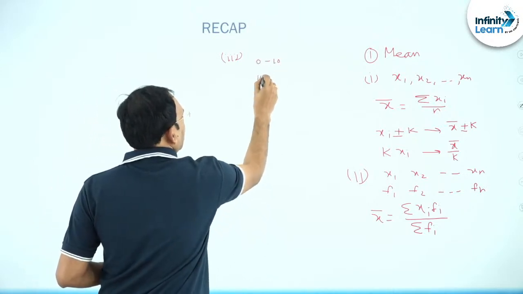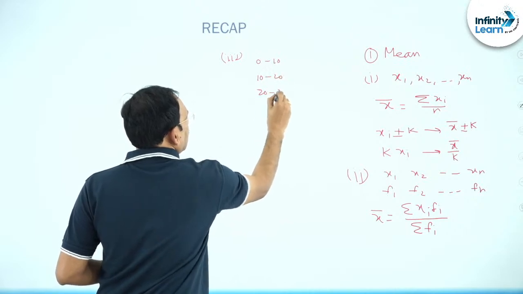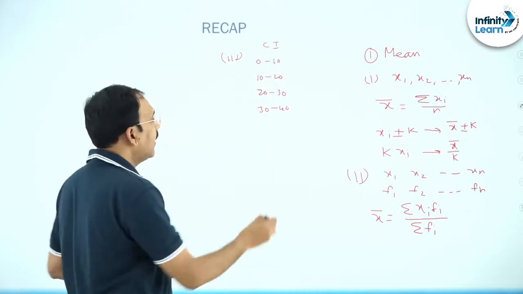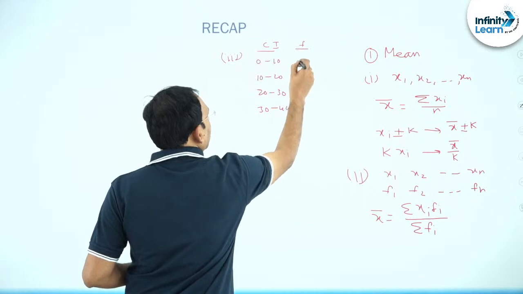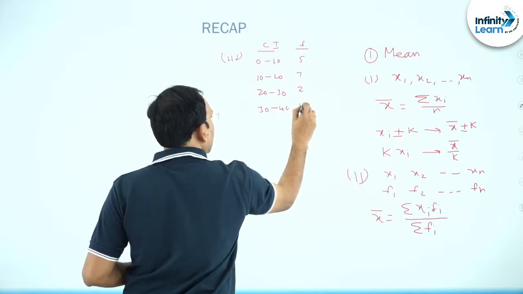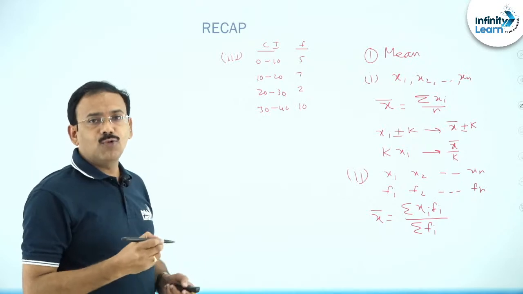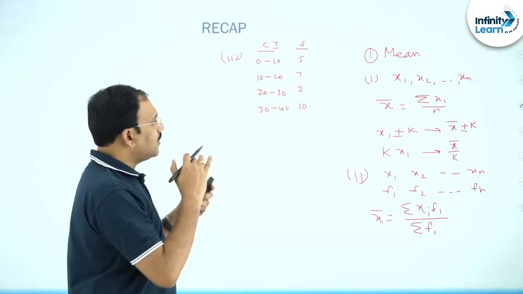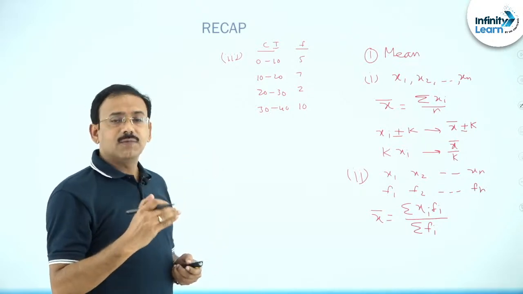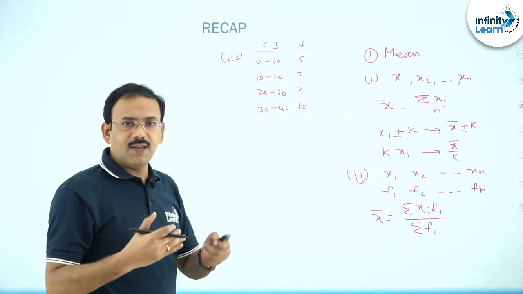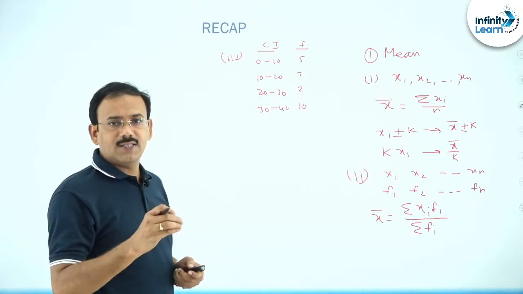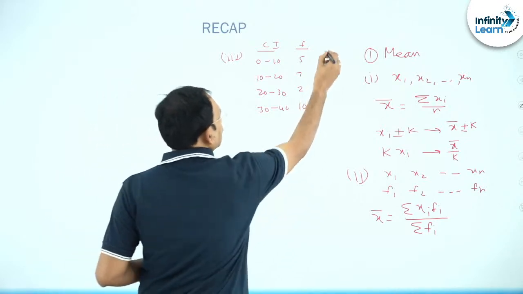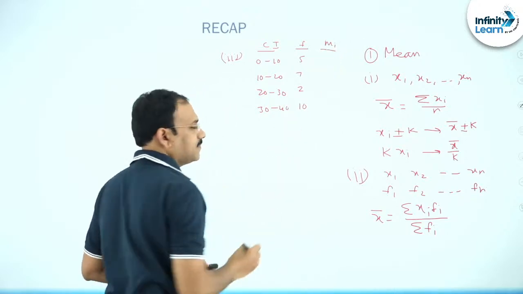Then the third one is, if you are given a continuous series, in the sense, suppose class intervals like 0 to 10, 10 to 20, 20 to 30, 30 to 40 are given, and frequencies are given like say 5, 7, 2, 10. In this case, how to find the mean? There are many methods, generally the step deviation method, but the easiest one is to choose the mid value of the class.